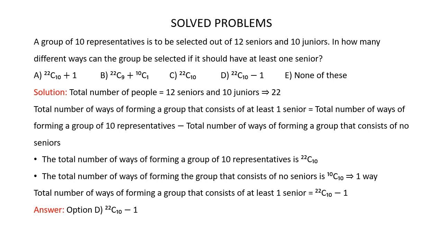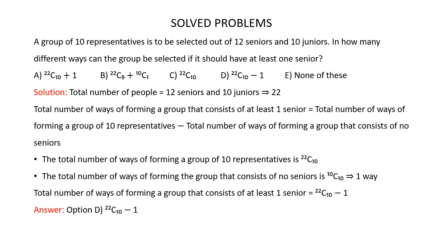Instead of that, solve this problem using this formula. Total number of ways of forming a group that consists of at least one senior is equal to total number of ways of forming a group of 10 representatives minus total number of ways of forming a group that consists of no seniors. Now first let's understand the meaning of this formula.